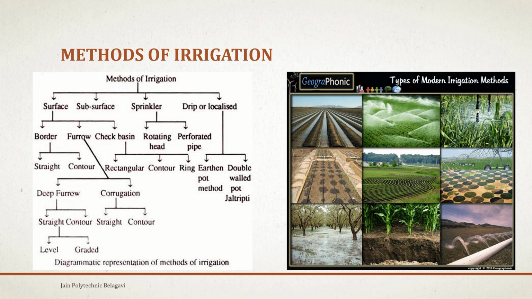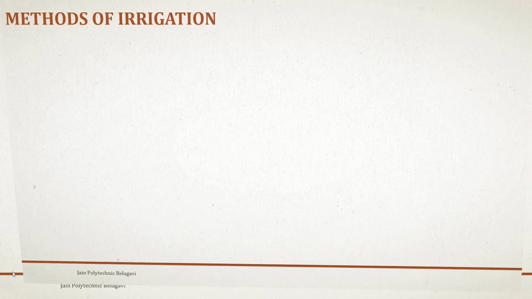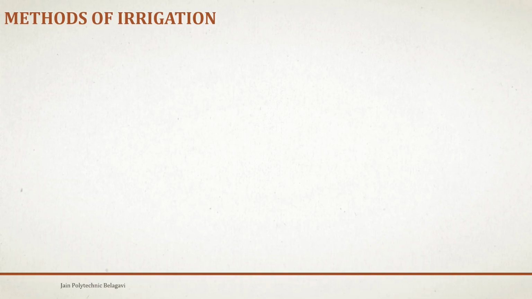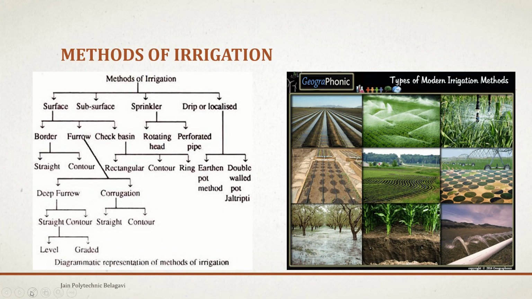The first in the image is called furrow, this is called sprinkler irrigation, this is one more type of sprinkler irrigation, this is drip irrigation, this is furrow only.